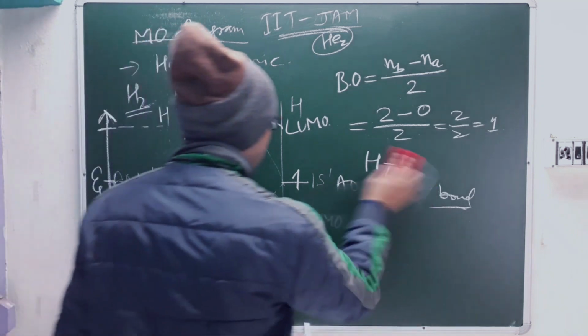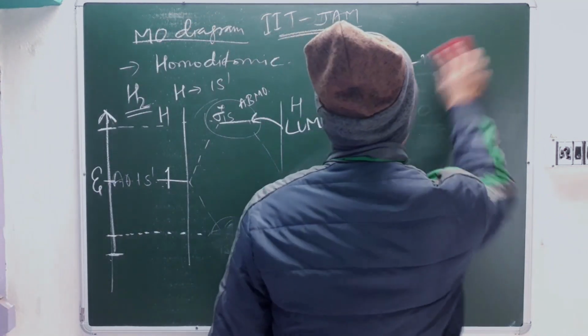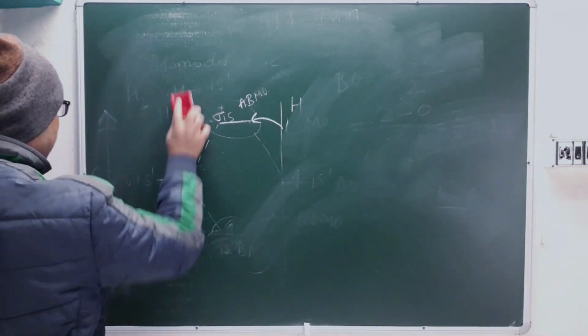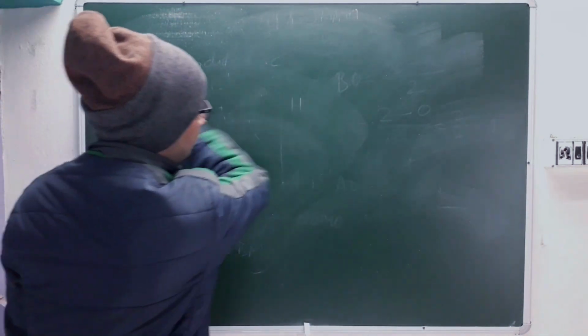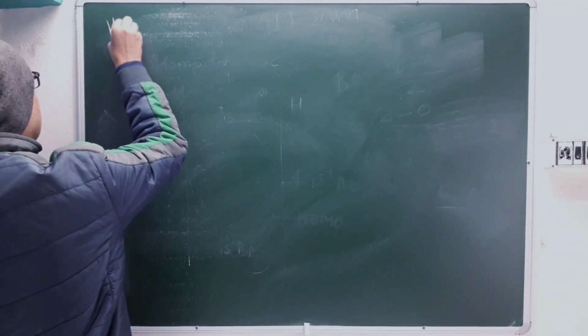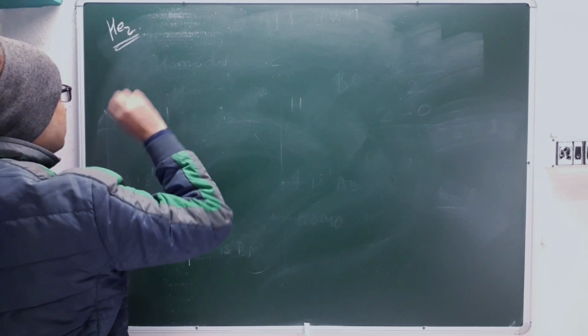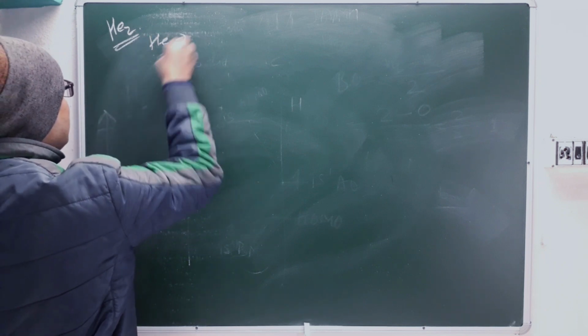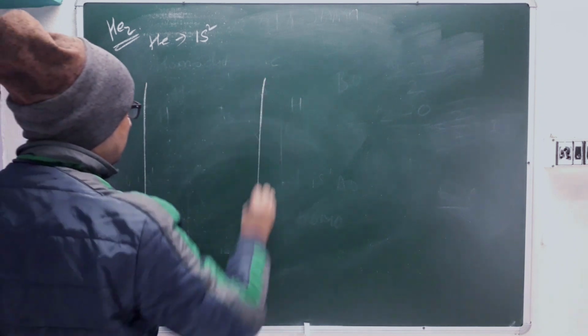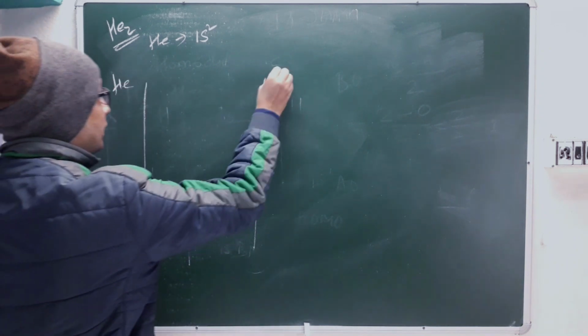I'm rubbing the board. Meanwhile, you just try to make the He2 molecular diagram, right? So, He2, maybe you are making. So, for helium, what will be the electronic configuration? 1s2, right? So, now you see, here one helium, here one helium.